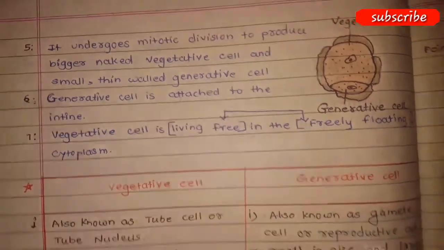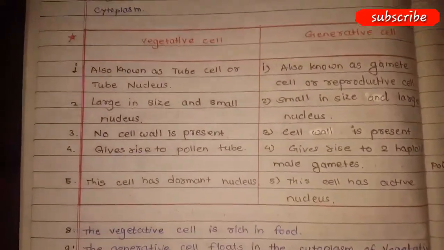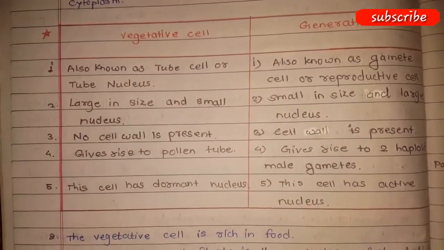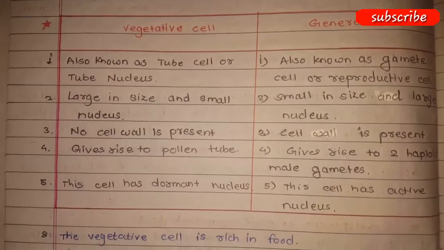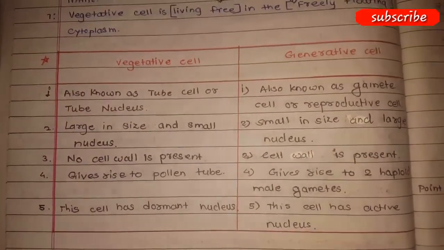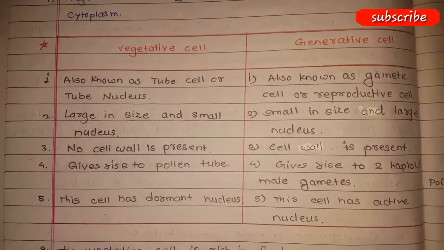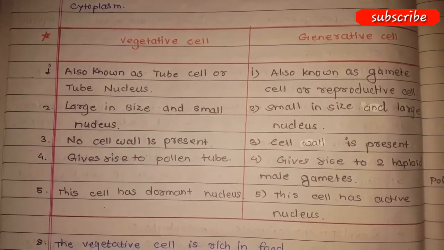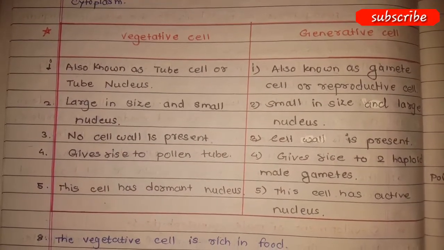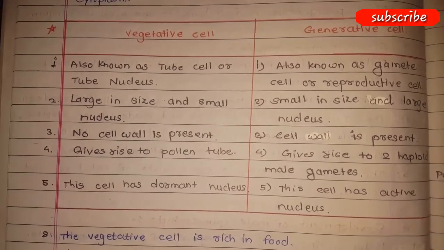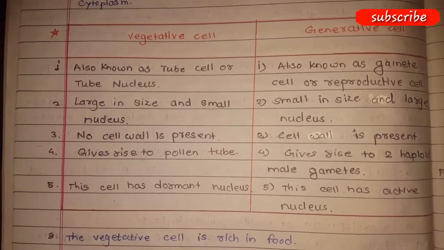After this, see the difference between vegetative cell and generative cell. This is also an important concept for the upcoming exams. So let's know. First, vegetative cell is also known as tube cell or tube nucleus.